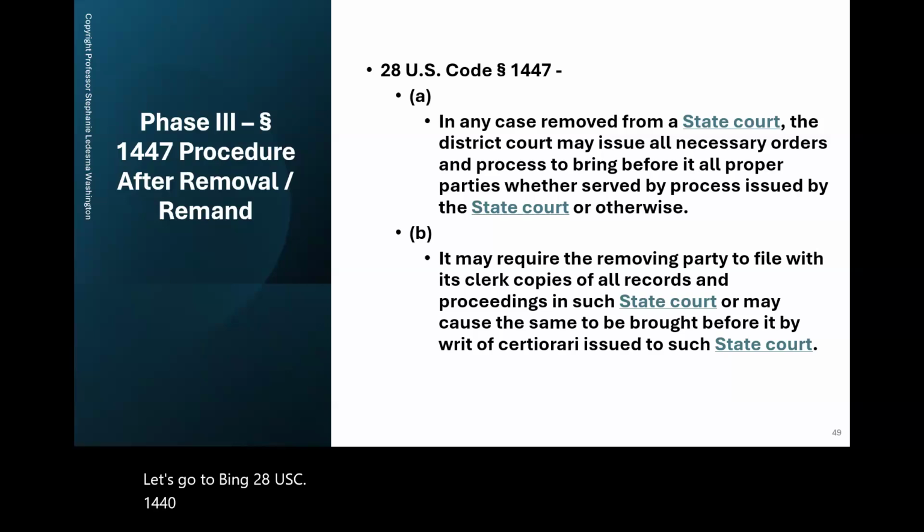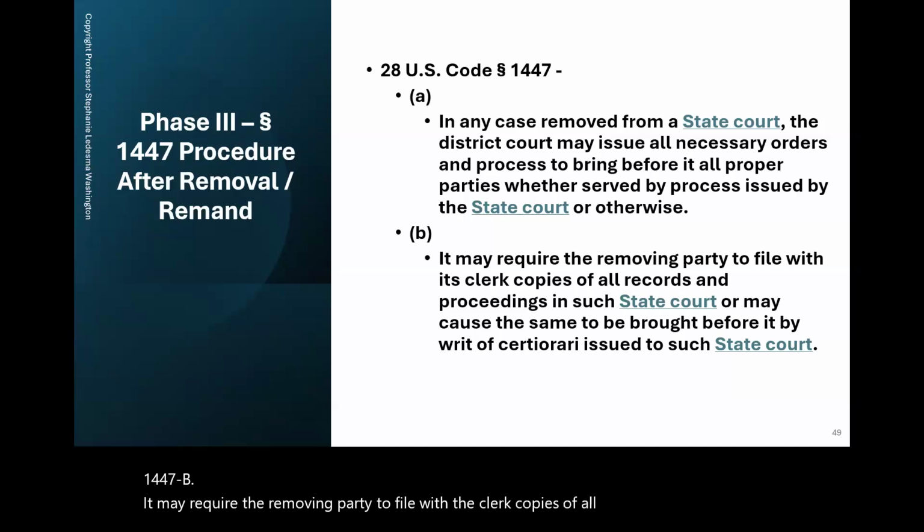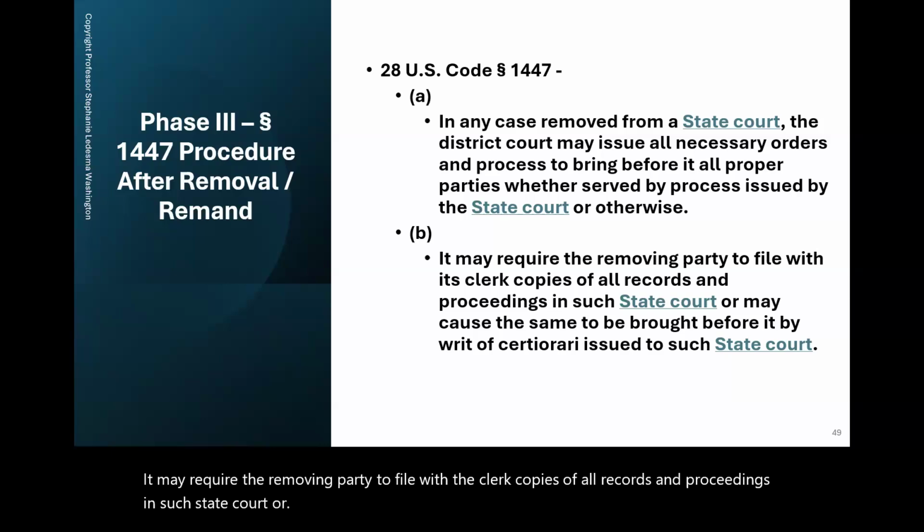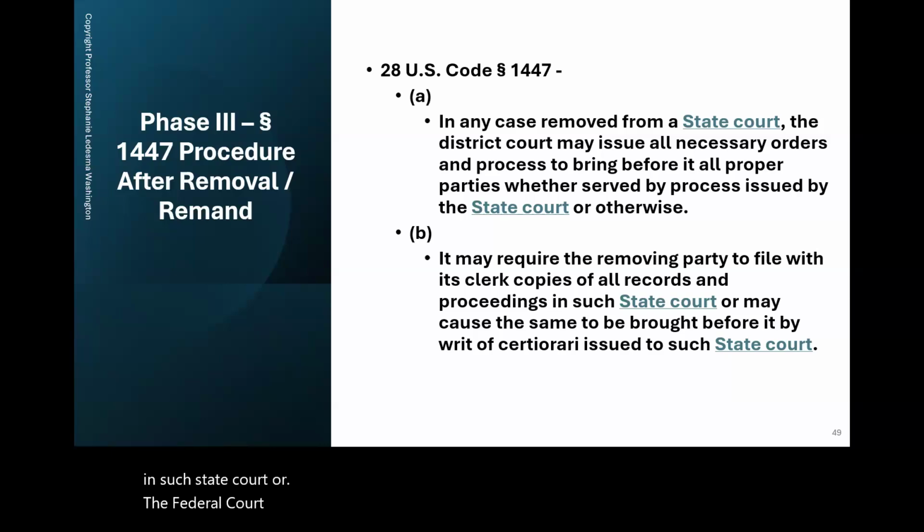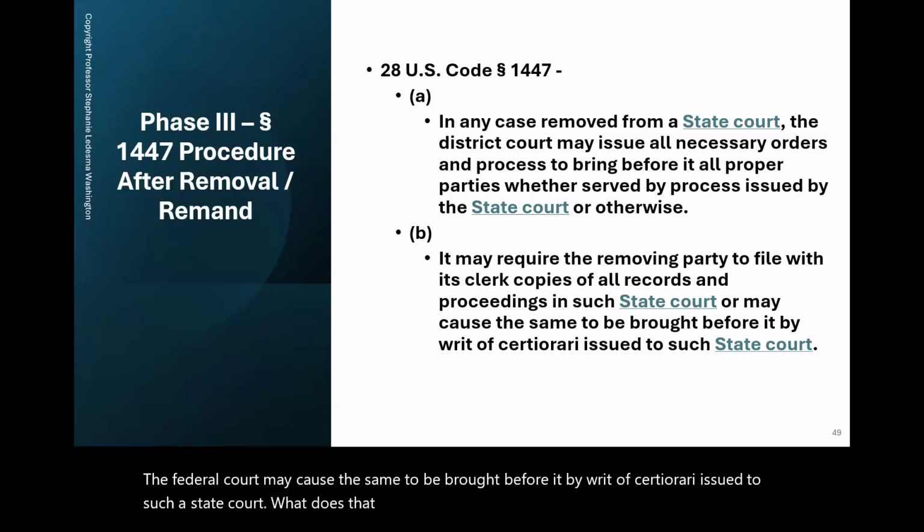1447B. It may require the removing party to file with the clerk copies of all records and proceedings in such state court, or the federal court may cause the same to be brought before it by writ of certiorari issued to such a state court. What does that mean? Here's the plain language.